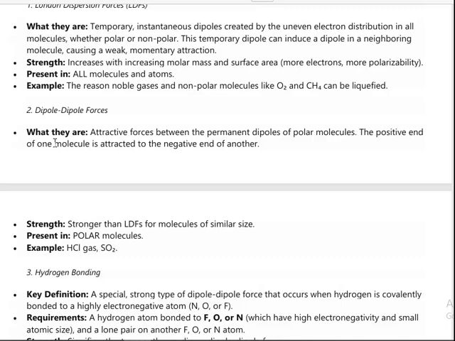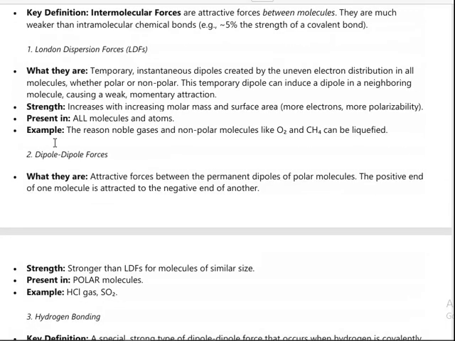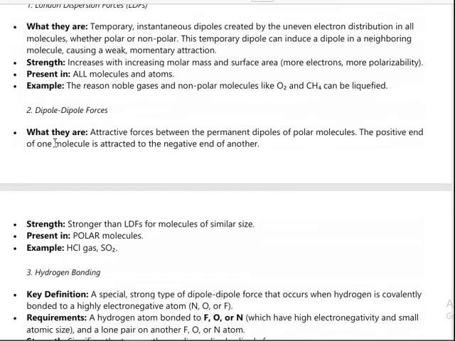Take note of the examples there, for example SO2 and HCl. London dispersion forces are present in all molecules and atoms, while dipole forces are present only in polar molecules. So take note of the differences.